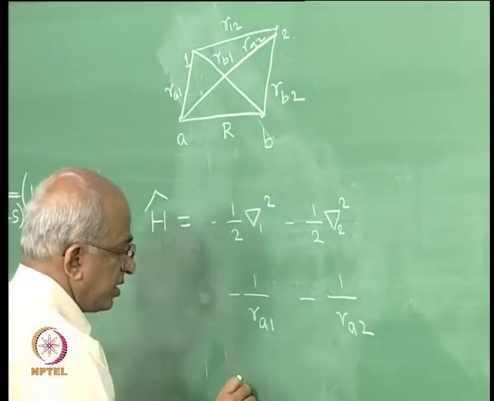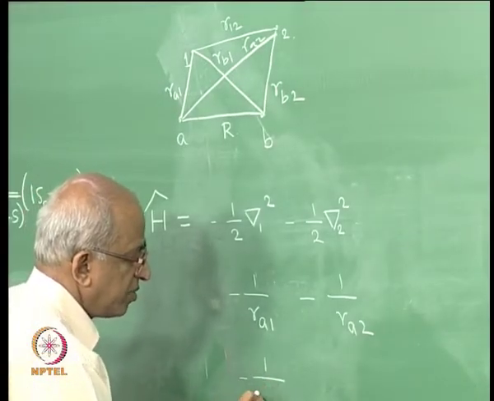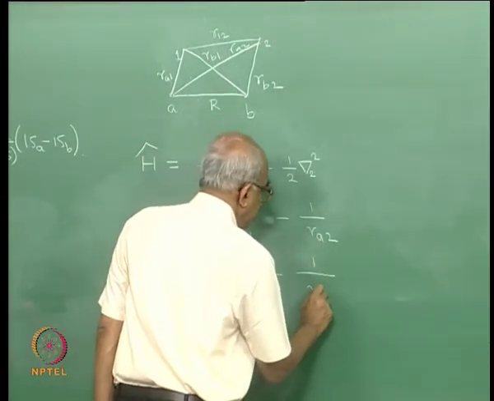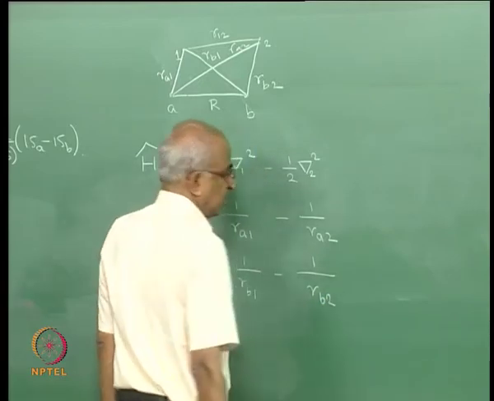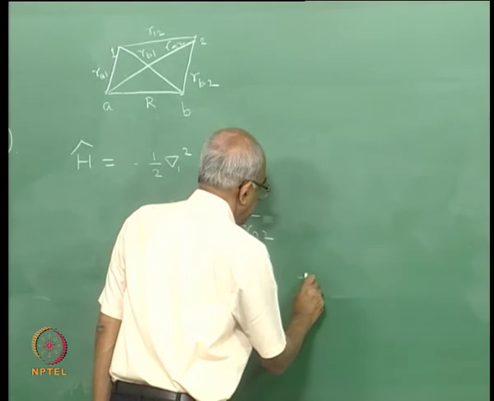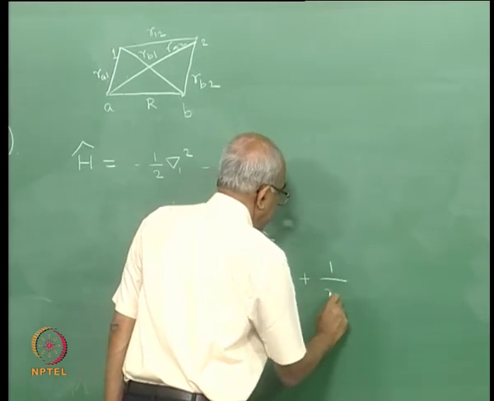Then I would have the interaction with nucleus B, which will be minus 1 by RB1 minus 1 by RB2, correct. And of course, you have the interaction between the two electrons, which is 1 by R12.